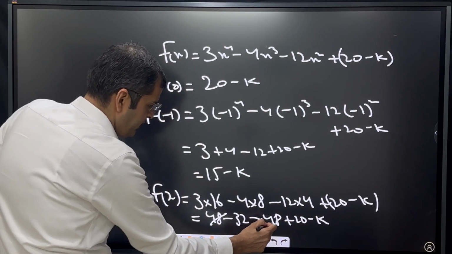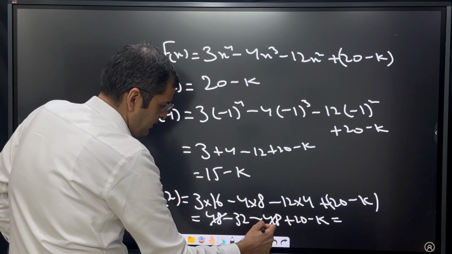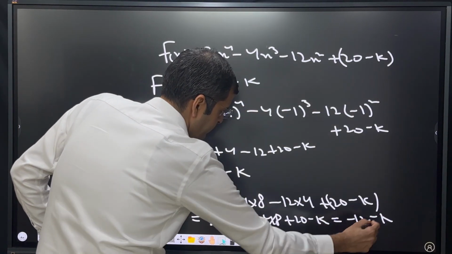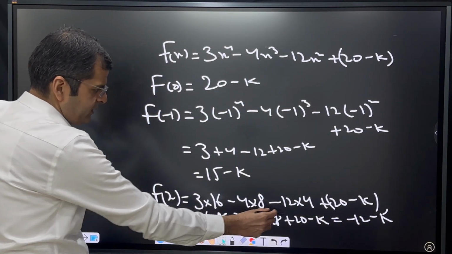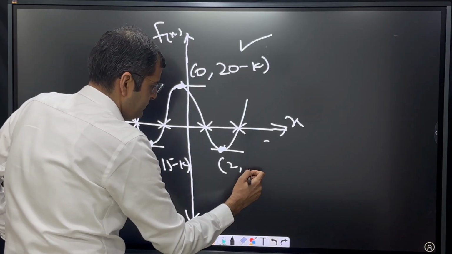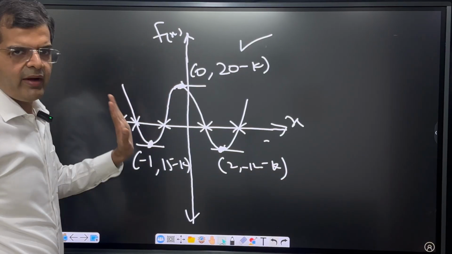So 48 goes away. Minus 32 plus 20 is minus 12 minus k. This is minus 12 minus k here. So I have the x coordinate and y coordinate.